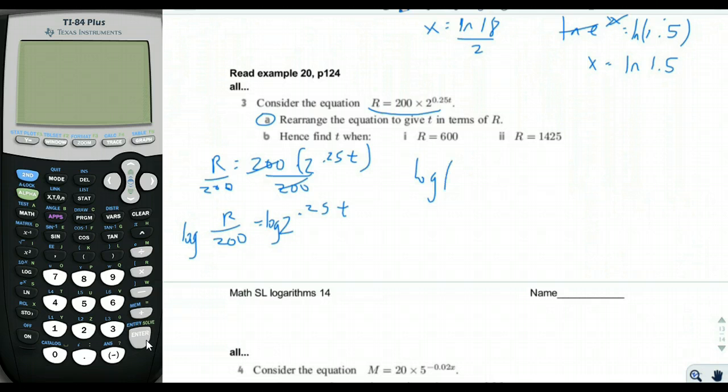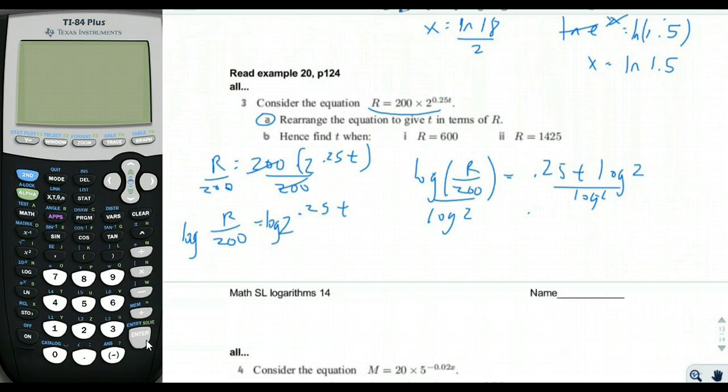So log of r over 200 is equal to 0.25t times the log of 2. Now we have 0.25t. We're going to divide both sides by log of 2, you can see, right, to further isolate that.